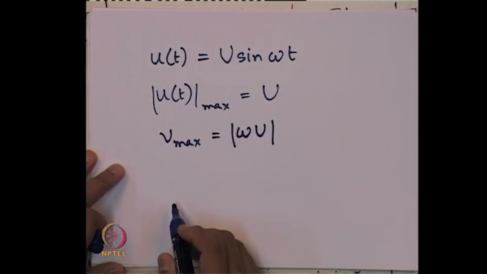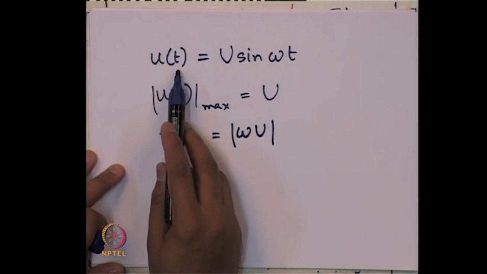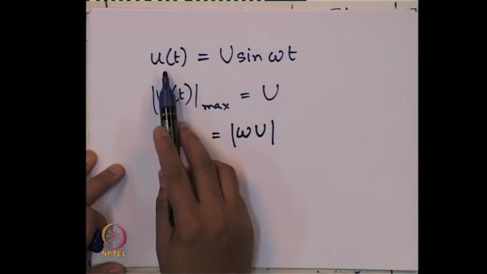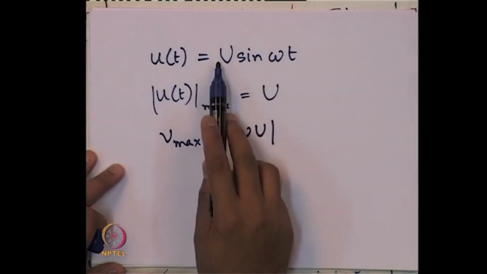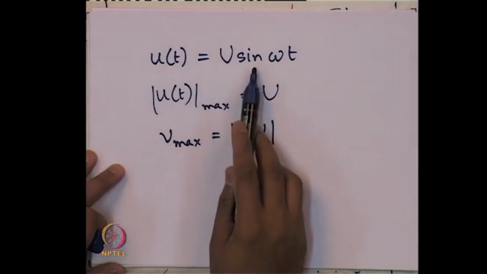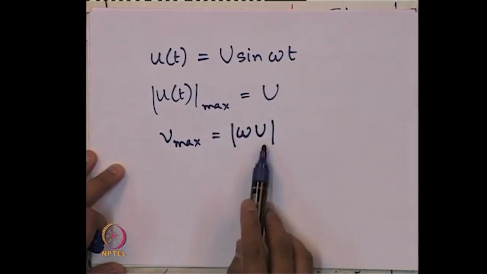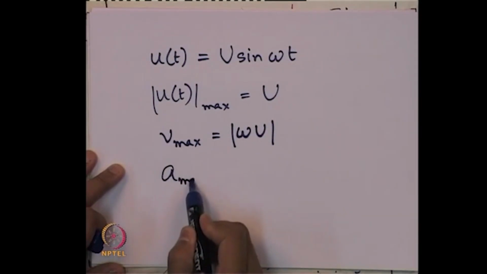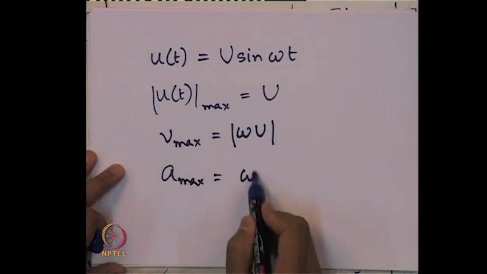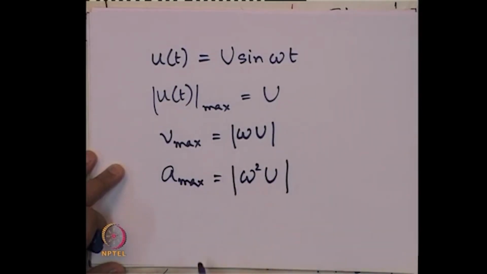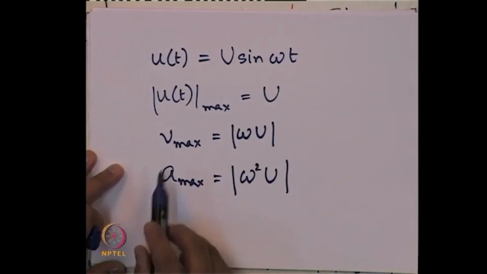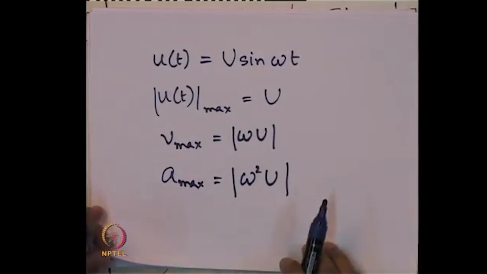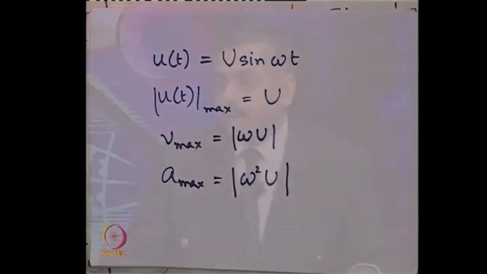Am I right? Because velocity you can find by differentiating this displacement with respect to time, and the maximum value of that will be, this will become cosine, omega will come over here. So, omega times u. And what will be your Amax? Omega square times the modulus of u. Am I right?